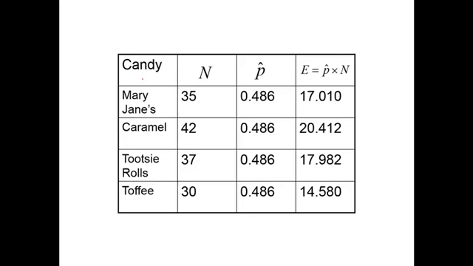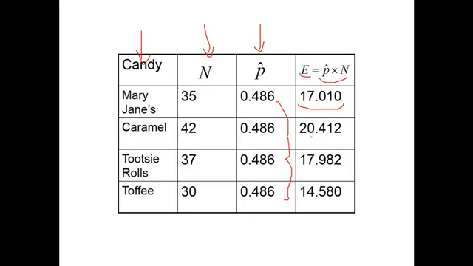We do this for all the candies in the same way, and we summarize it in the table that follows. So we have our candy in this column, we have the number of candies of each type in this, we have the proportion assumed in this, and so in this case we just put in the p hat for each of these, and then in this we put the expected number to be consumed here, p hat times n.